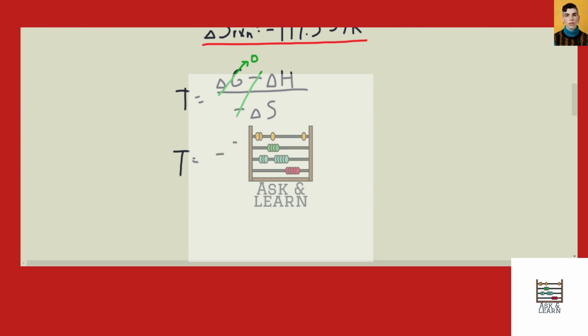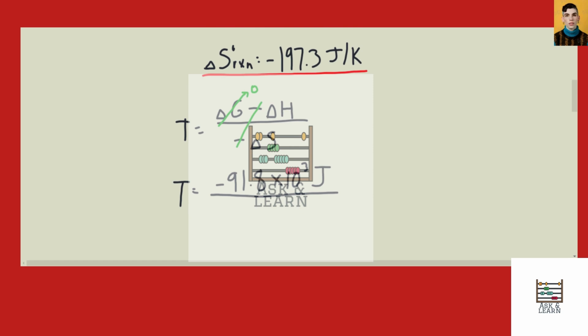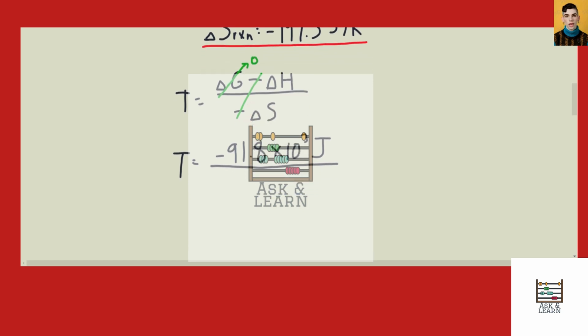And so we can do negative 91.8 kilojoules was the delta H, but we can multiply that by 1,000 to get it in units of joules, so that we can cancel off the delta S that we just found, which is in units of joules per Kelvin. That was negative 197.3 joules per Kelvin.